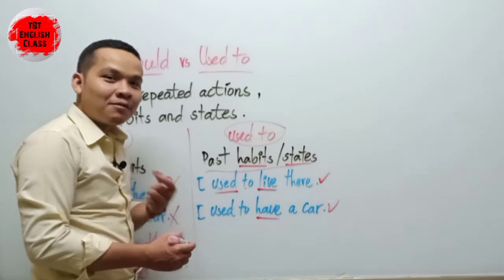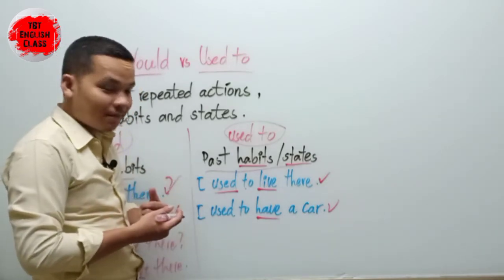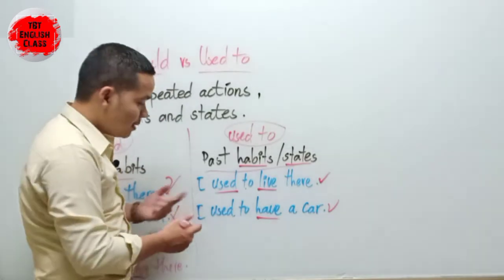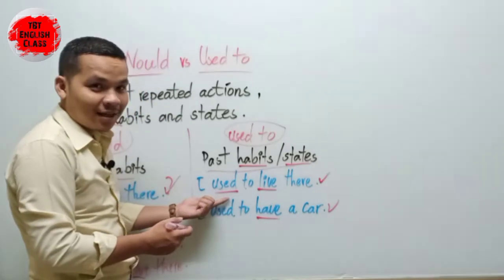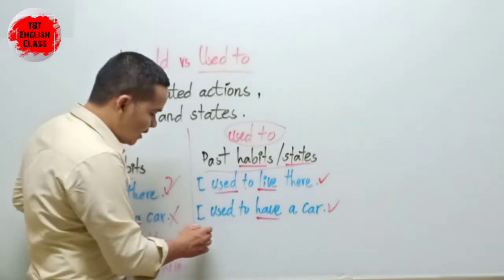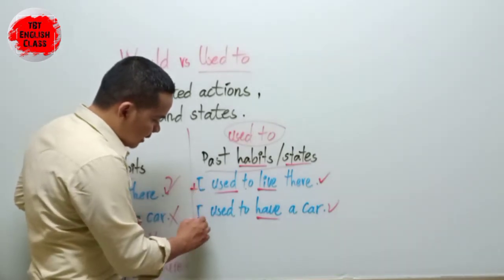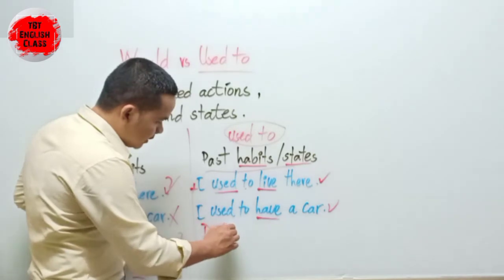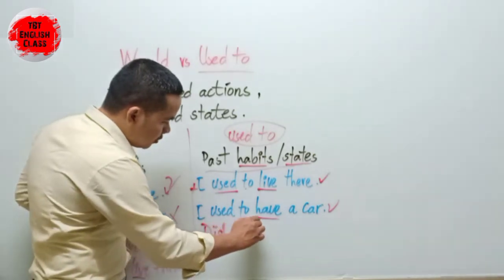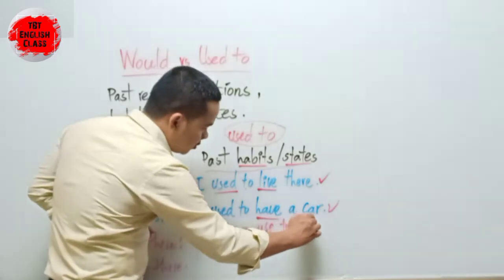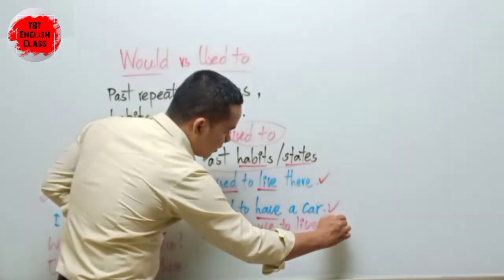So the main point that you have to recognize and remember is that we use the auxiliary verb did to make the simple statement or this positive sentence negative or a question. See my example. I change the statement, okay? So I say, did you use to live there?